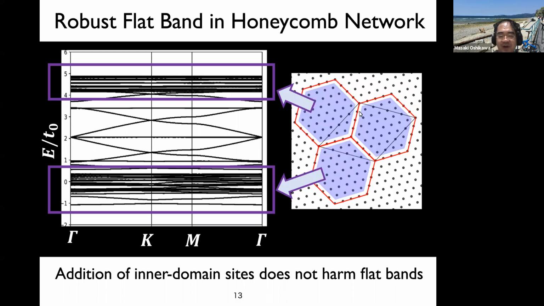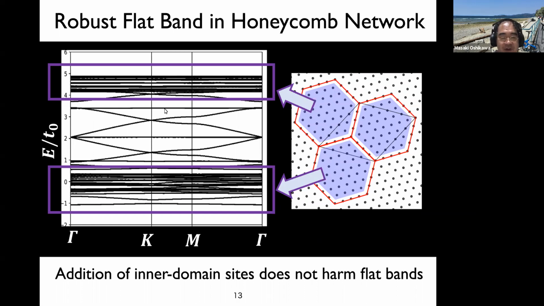Then it effectively induces long range hopping. This figure is not very clear, but what we found was that even if you include the inner domain sites, the flat band is still robust.